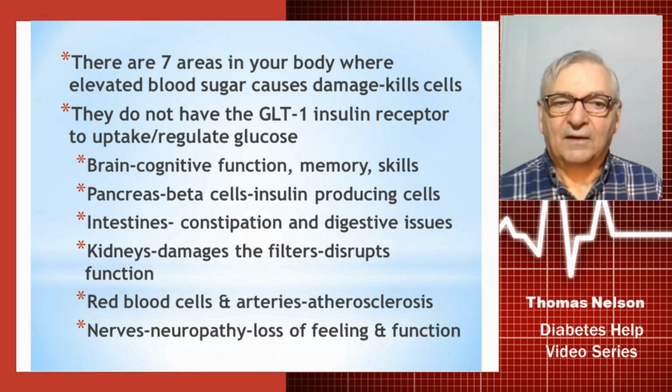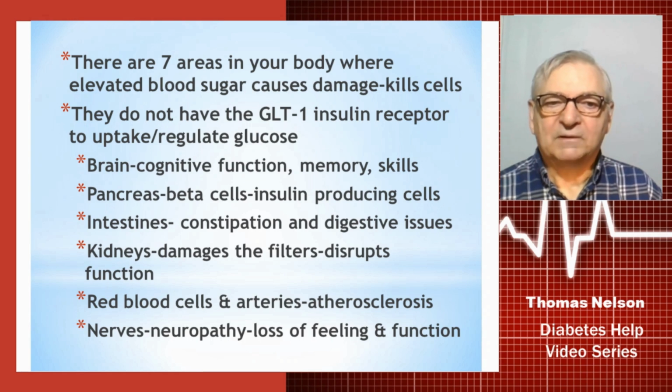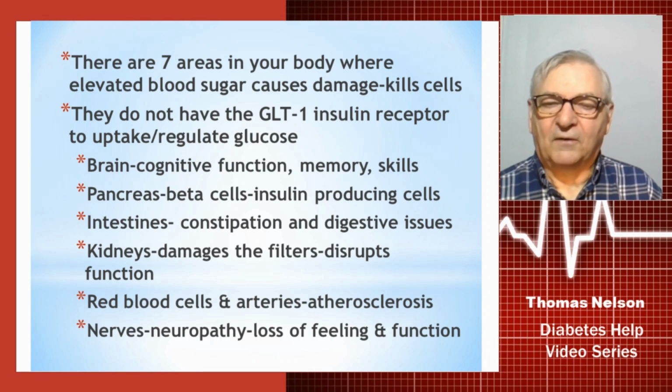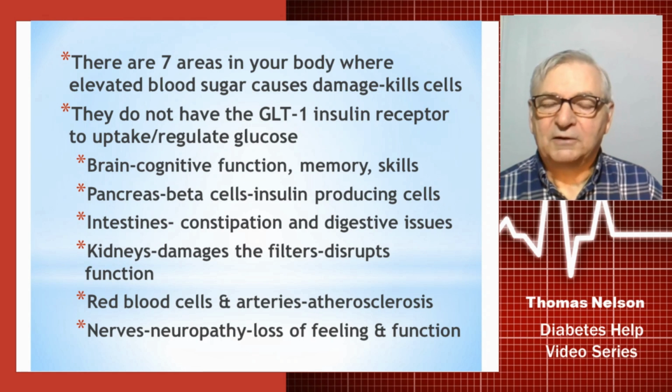The second area are the beta cells in your pancreas. Those are the insulin-producing cells that we talked about in the last video. And those insulin-producing cells will die. It will overwhelm them, and they will die. And little by little, over time, every time your blood sugars are high, and especially for an elevated amount for a long period of time, it's going to kill off all the insulin-producing cells in your pancreas, and you will eventually become insulin dependent.